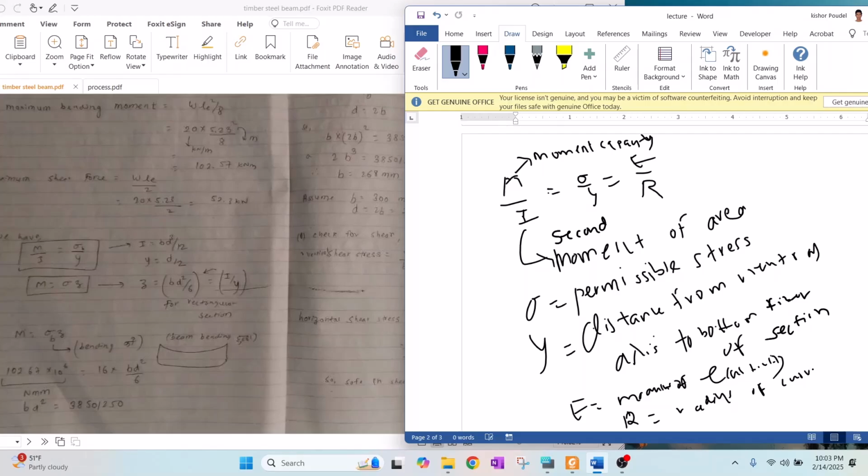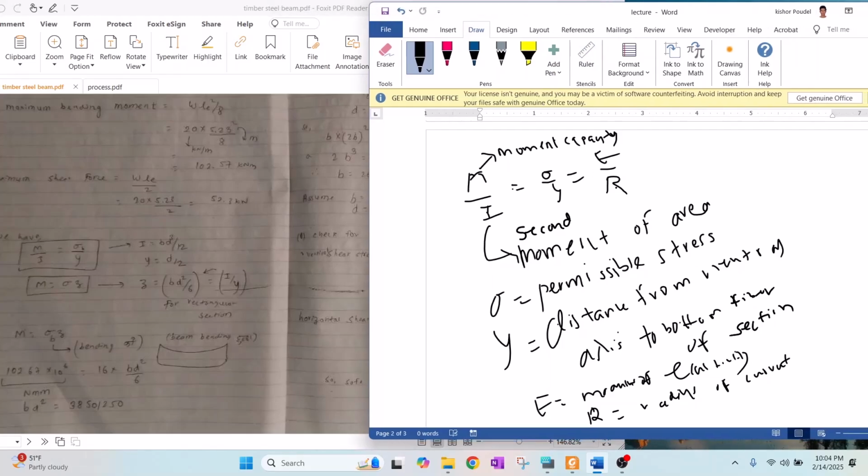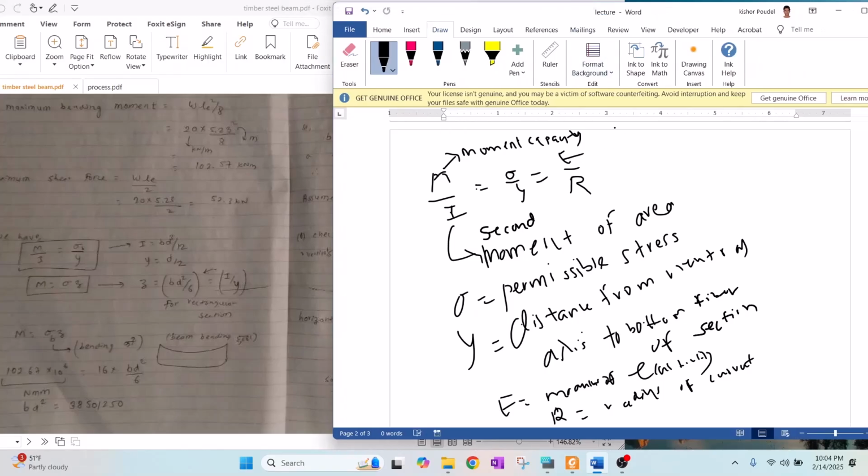I think most of you know this equation, and you can derive it as well. You can take a reference from strength of materials and derive this equation using that theory.